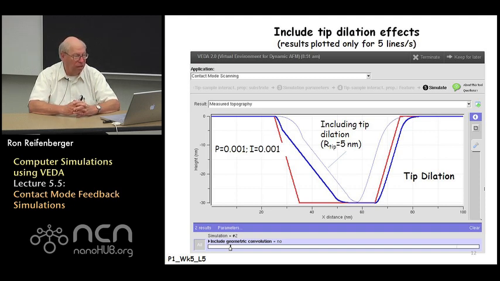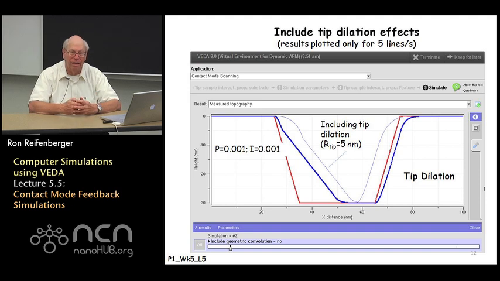And you can see that the light blue curve in this simulation really shows up as a triangular divot, a triangular wedge in the substrate. It's not even close to the trapezoidal feature that we specified.